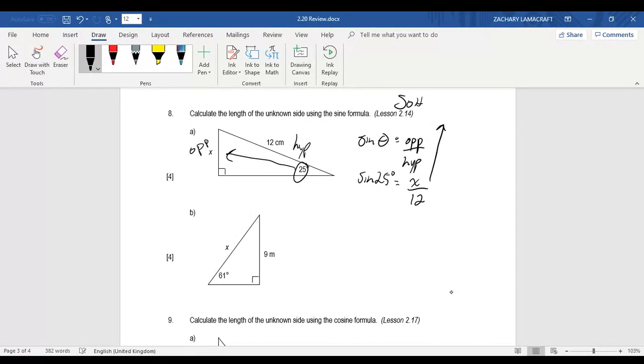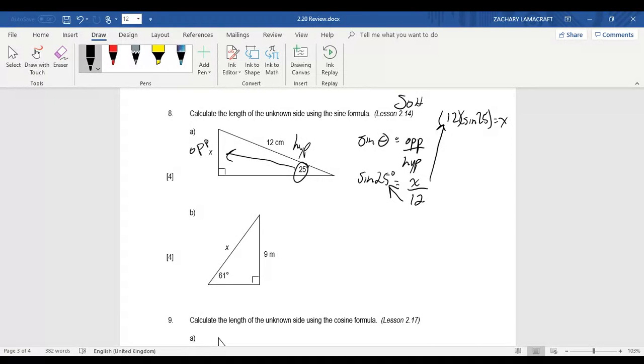This one is slightly easier because the x is on top. We only have to make one move. So the 12 is being divided by, so if we want to bring it to the other side, it has to be multiplied by sine 25 equals x.